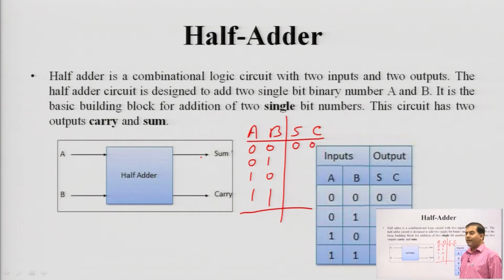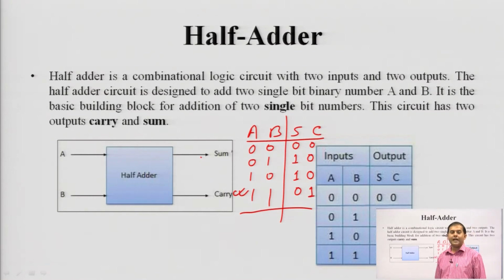If we add 0 and 1, sum will be 1 and carry will be 0. Similarly, if we add 1 and 0, sum will be 1 and carry will be 0. But the most important part is when we add 2 ones. 1 plus 1 in binary addition gives sum 0 and carry 1. So, this is the truth table of the half adder circuit.